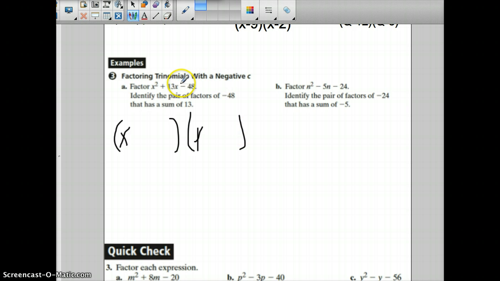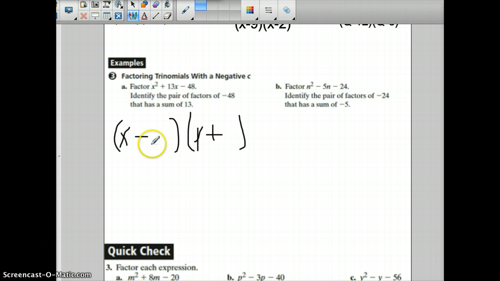Now, notice this third term here is a negative. That's really important because that tells me that one of these binomials is going to have a minus and one's going to have a plus. Now I need to start thinking about what happens to my outers and inners.